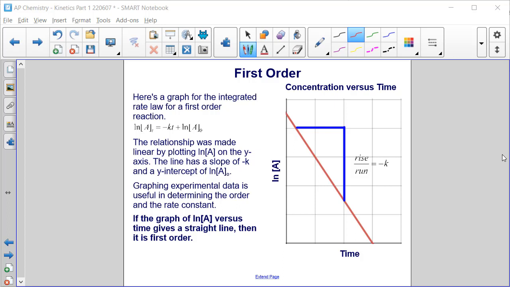The line has a slope of minus k and a y-intercept of natural log of the initial concentration of A. Graphing experimental data, again, is useful in determining the order and the rate constant. If you graph natural log of A versus time and get a straight line, then this is a first order reaction.